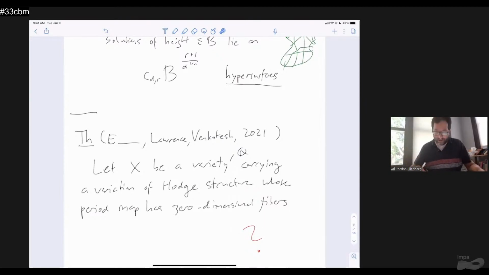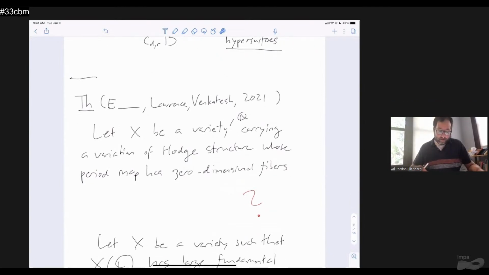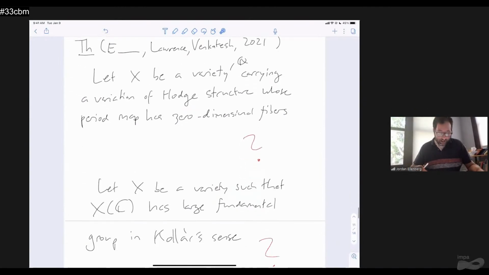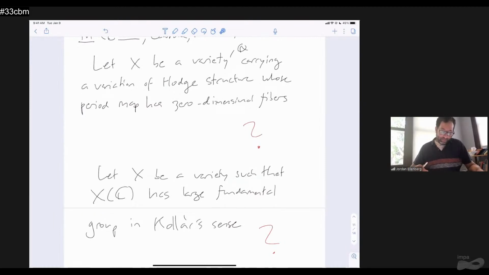Let me try to rephrase it. Ready, here's for the topologists. For the topologists, I would say, let X be a variety so that if I look at its complex points, that complex manifold has a large fundamental group in János Kollár's sense, meaning that no subvariety of it has a smaller fundamental group. Okay, so maybe the topologists are happy. They're like, oh yeah, a thing with a big fundamental group.